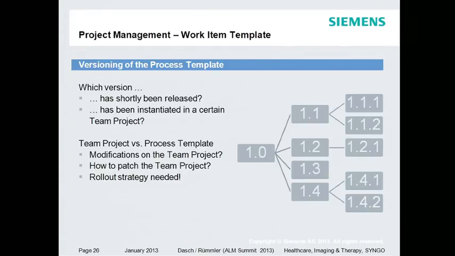Imagine that you start with a process template, let's say a default process template shipped with Team Foundation Server, and you make some modifications to that template. You create a team project A. After that, you have some other modifications on the template. You create a team project B, and then you have further modifications.